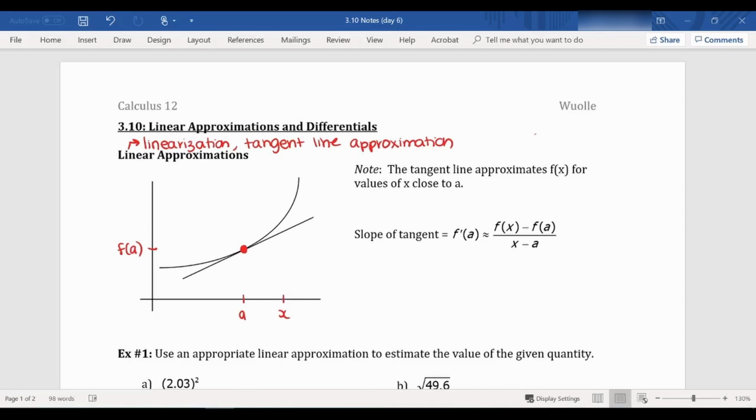So if I had a point on my tangent line, this x would be getting very, very close to a. And as I bring that x really close, I would get very close to having the slope of a tangent line at this point.